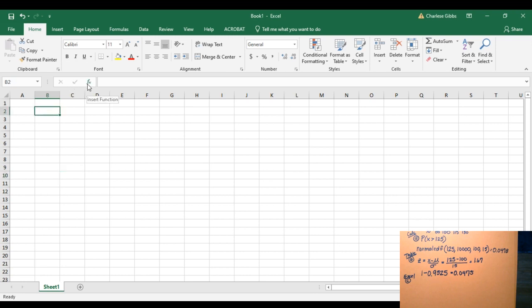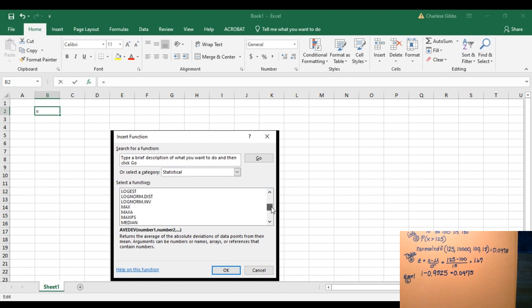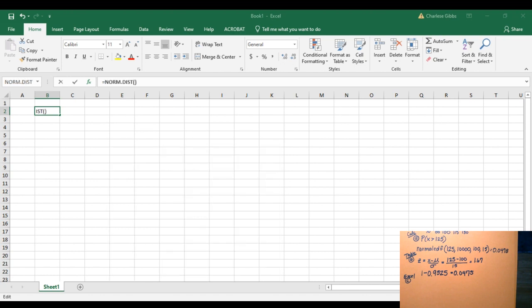You're going to go to your function, or if you know what function you're going to be using, you can go there. I pretty much have them memorized, but if you don't, they're under statistical, and then you're pretty much going to look for what you're trying to do. So we're using normal distributions. So normal distribution, this is when we have our x values, and this is when we have our standard normal distribution. Standard normal is in z. So I'm going to hit OK for normal distribution.